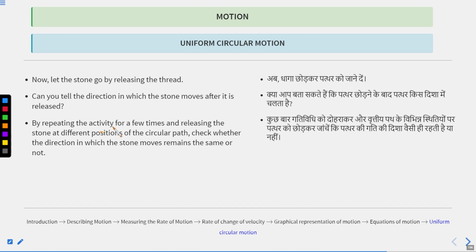By repeating the activity a few times and releasing the stone at different positions of the circular path, check whether the direction in which the stone moves remains the same or not. You can check whether the direction of the stone is changing at every point or not, and you will get the answer that the direction of the stone is changing continuously.